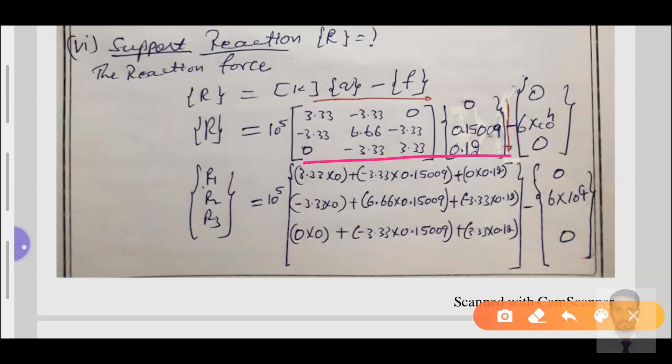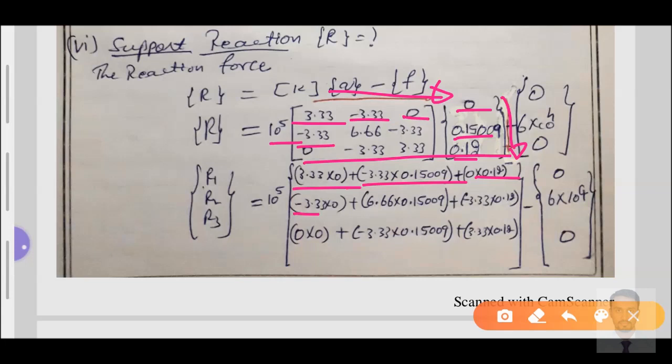Now I'll resolve this, multiplying row with respect to column: 3.33 into 0 plus minus 3.33 into 0.15009 plus 0 into 0.12. The first row and column has been completed, and then the second row you take down.